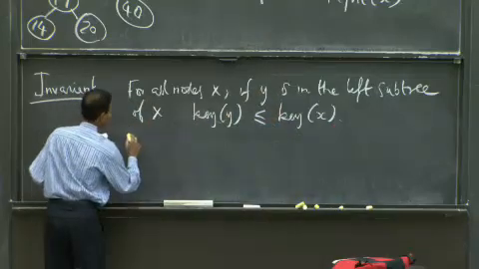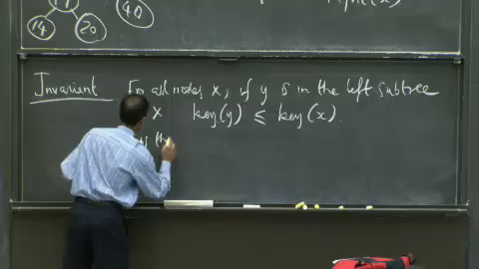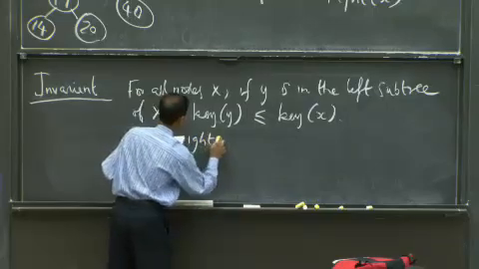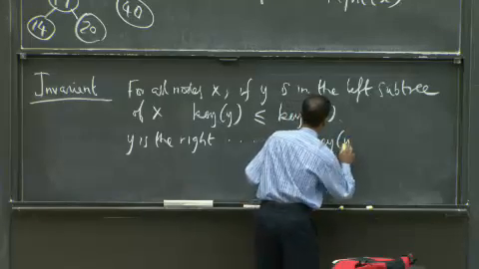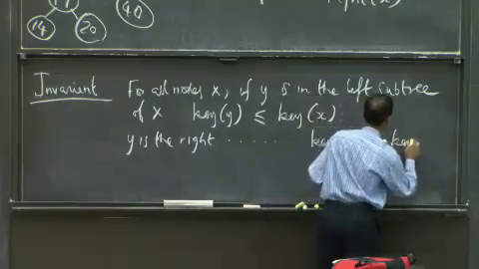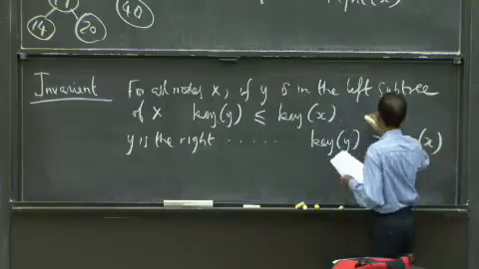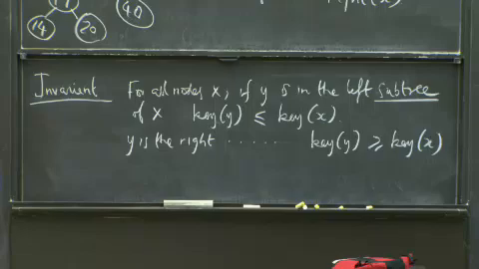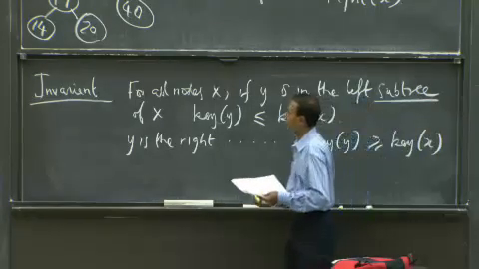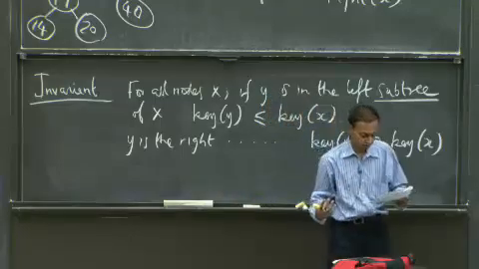And if y is in the right subtree, we have key of y greater than or equal to key of x. So we're talking about trees here, subtrees here, everything underneath, and that's the stronger part of the invariant in a BST, versus in the heap, we were just talking about the children.